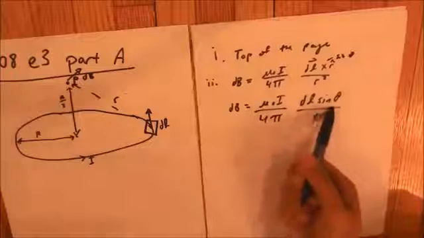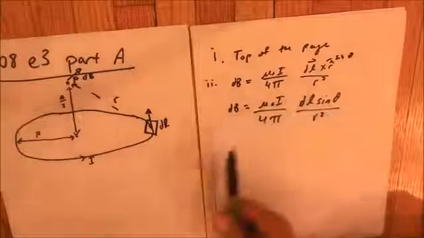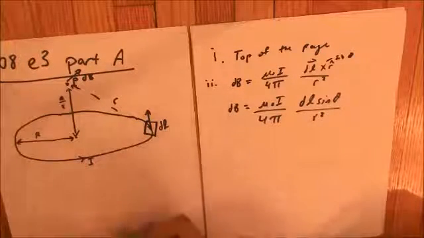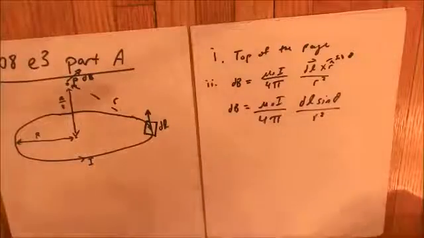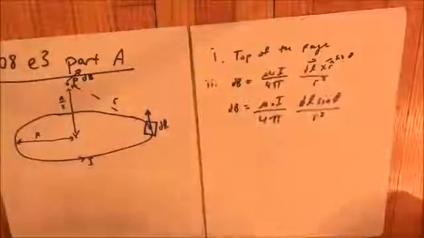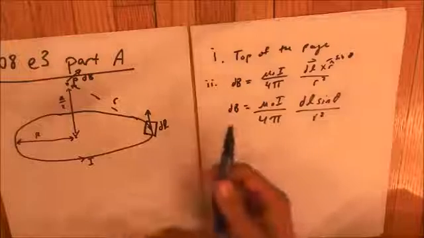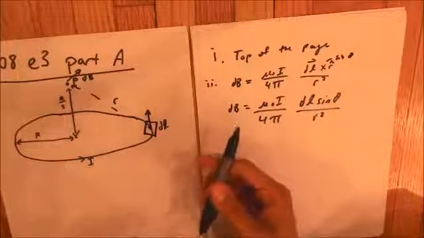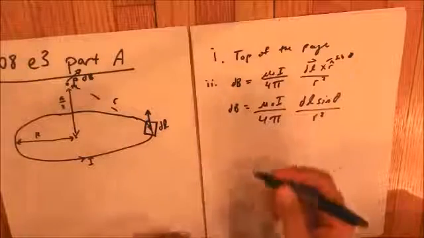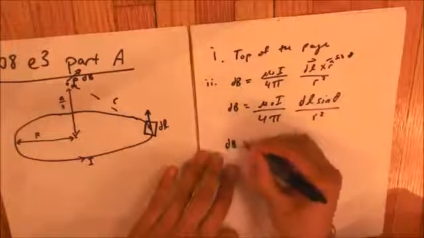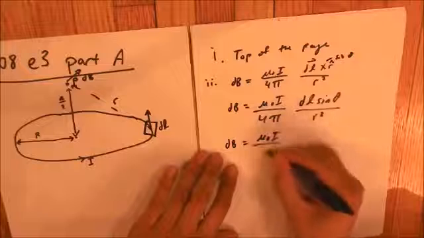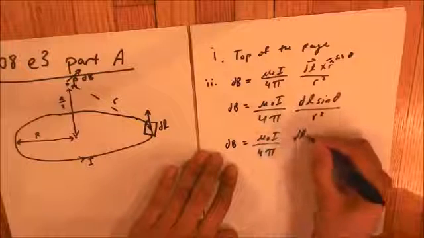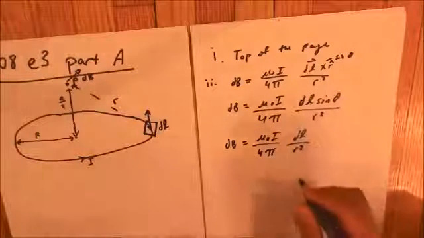But since dl is going into the page, and r is going in this direction up here, we know that they're on different axes. So that means that the angle between them is going to be 90. So sine of 90 is 1. So we're just going to have dB is equal to mu naught I over 4 pi dl over r squared.